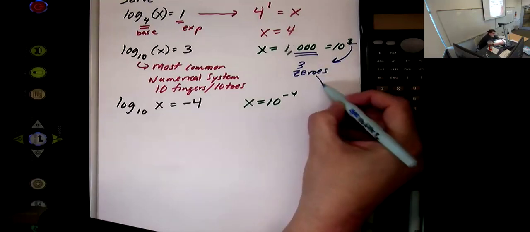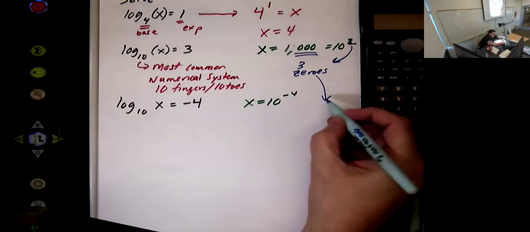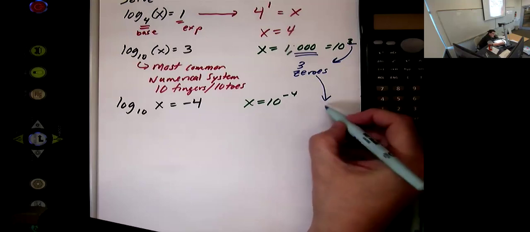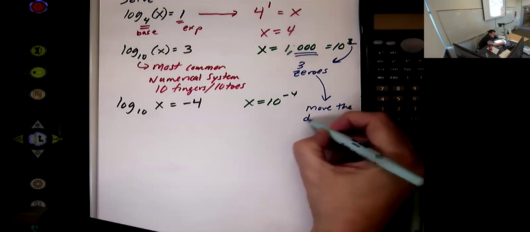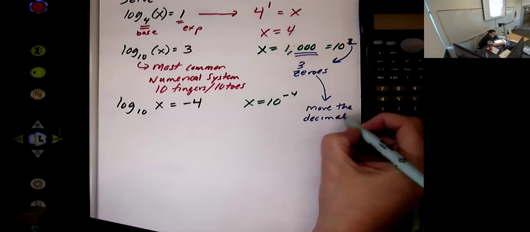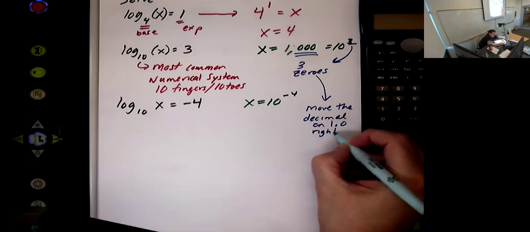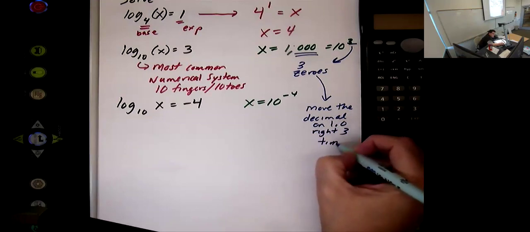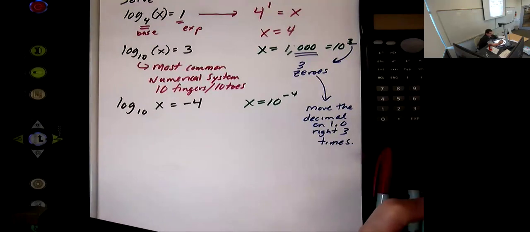A better way of saying this is 3 zeros means move the decimal on 1.0 right 3 times. You're still going to get 1,000 if you do that.